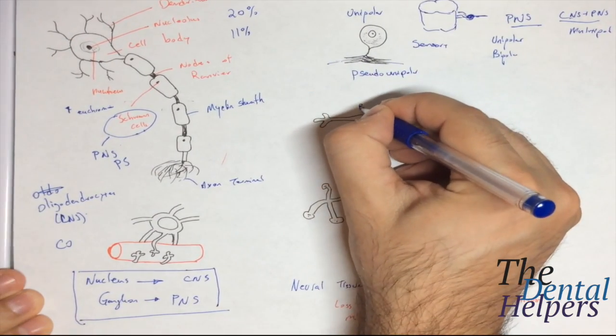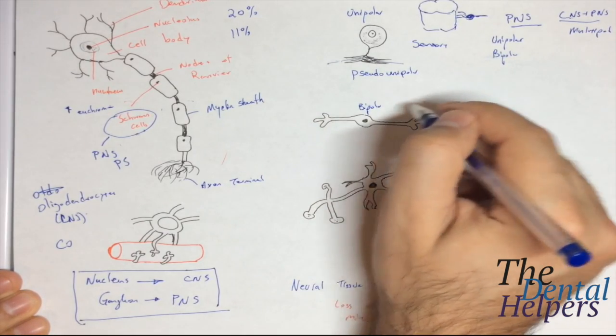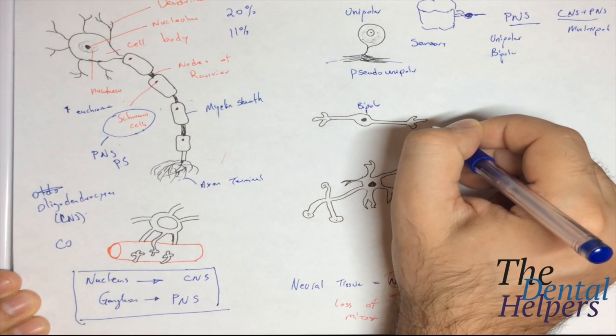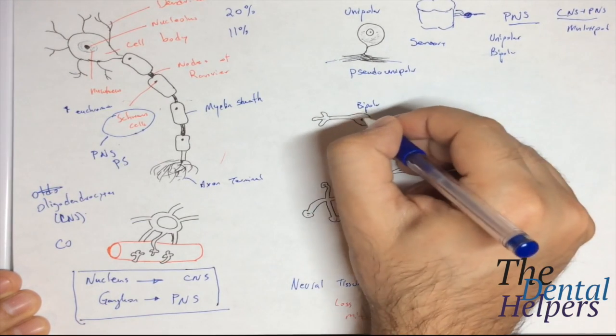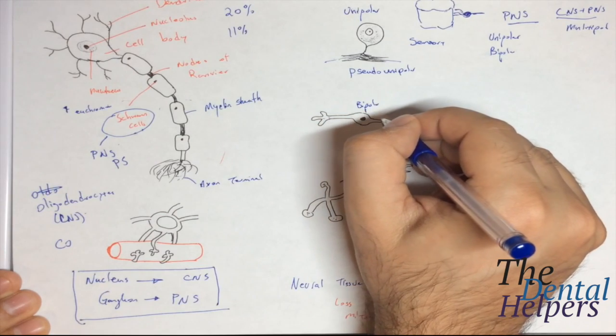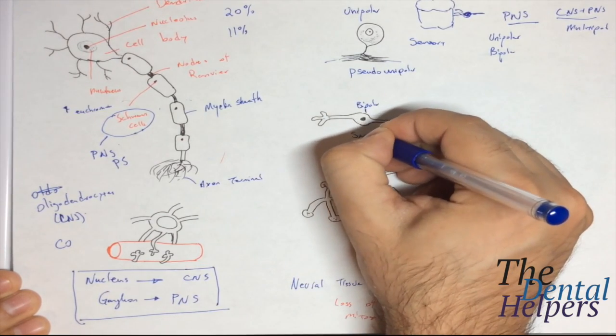Next is the bipolar, and the bipolar, bi meaning two, so it has two poles. You have this oval-shaped cell body in the center with the two poles at the ends, and this is special sensory.